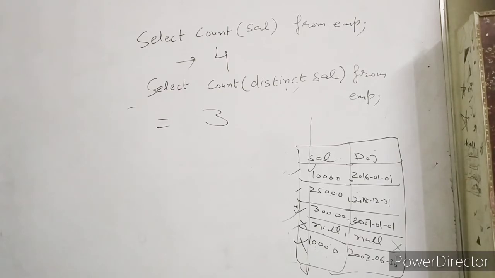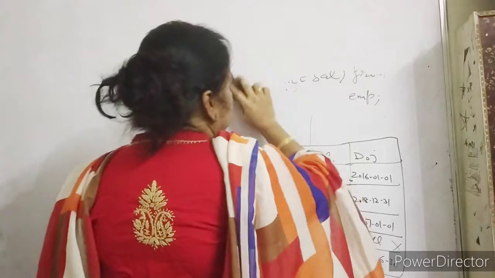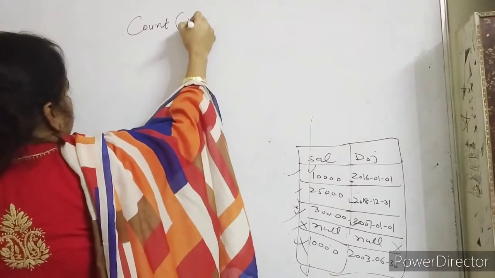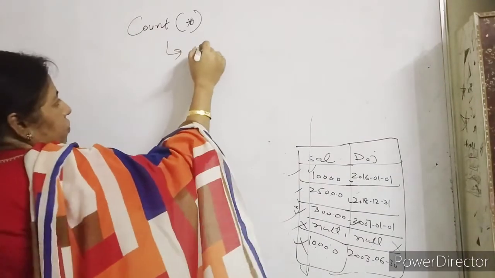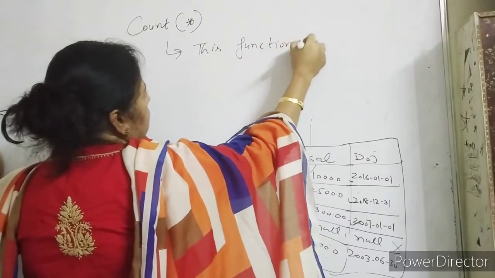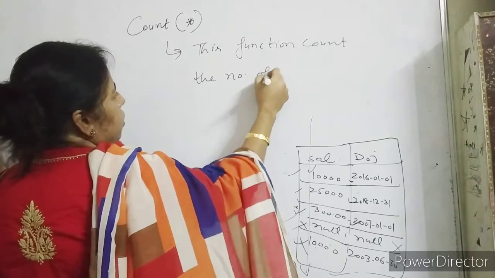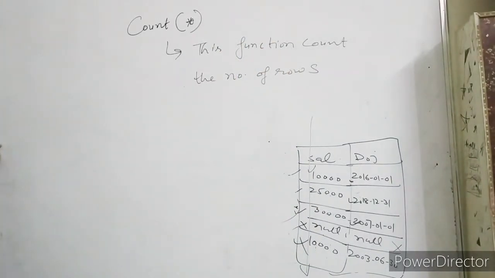After that, we have one more function for count. Count can be used in two ways. Count star, count bracket asterisk. This function counts the number of rows.